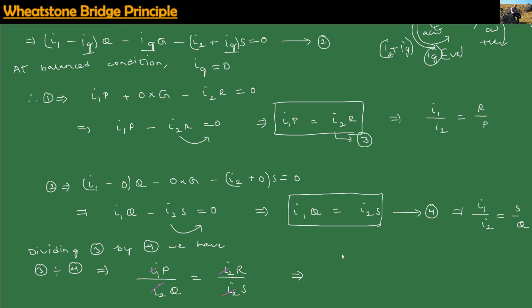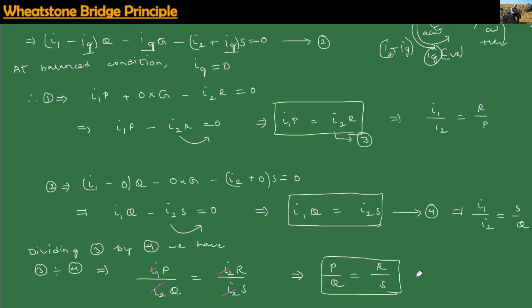So we get a final condition of P by Q equal to R divided by S. This is our balance condition of the Wheatstone bridge principle, and this condition is true only if the bridge is balanced.